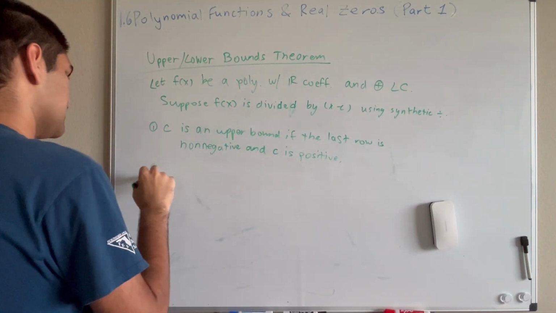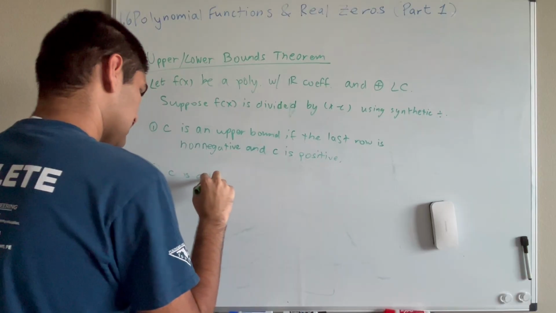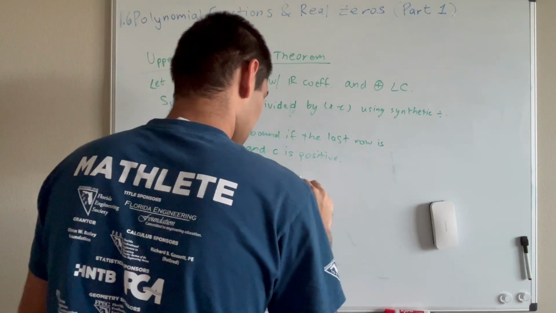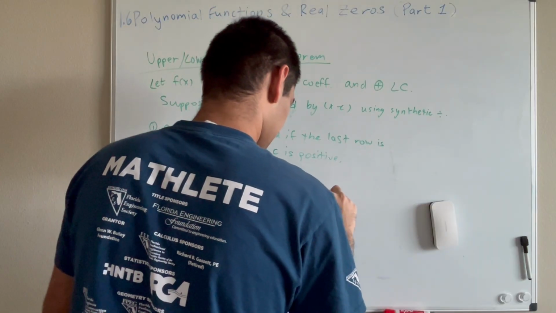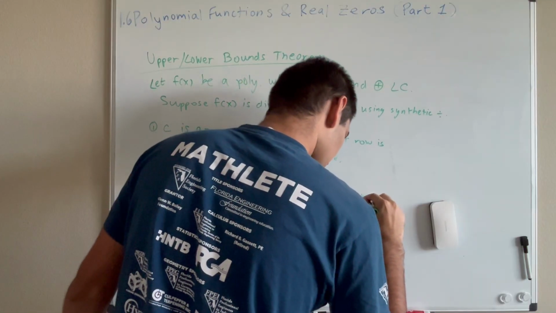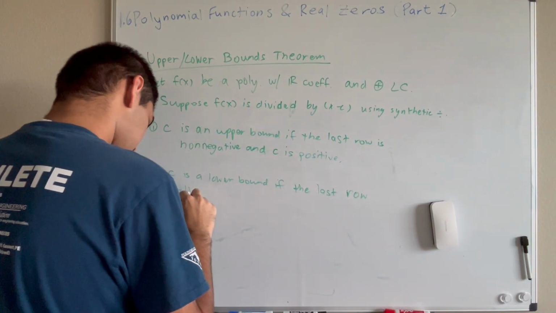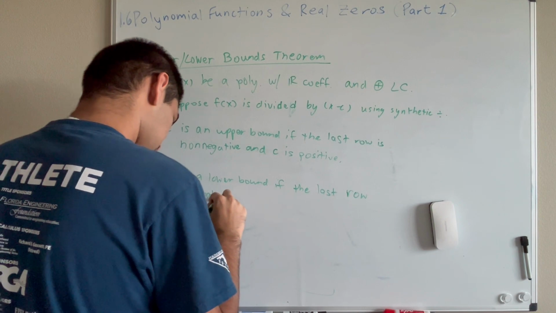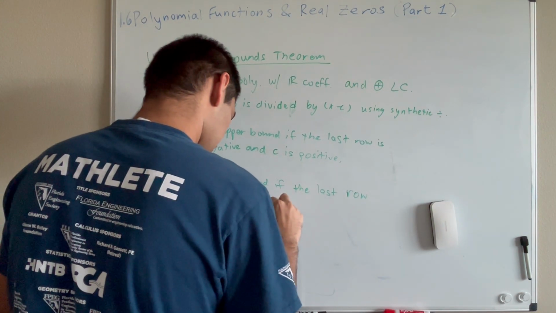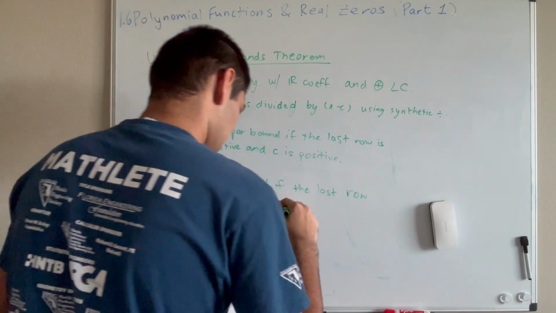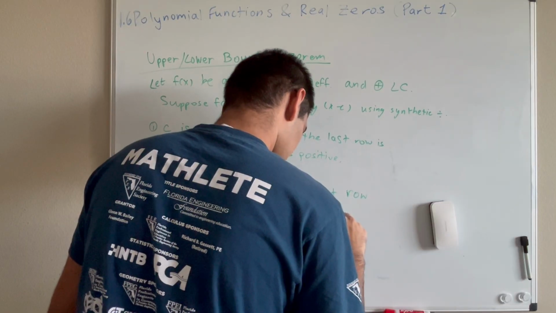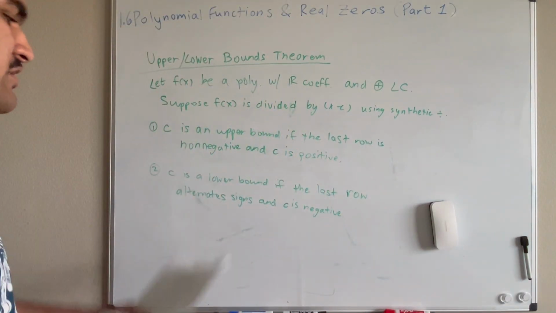And then c is a lower bound if the last row alternates signs and c is negative. Okay, so what does this mean?